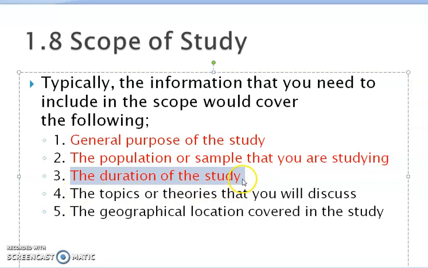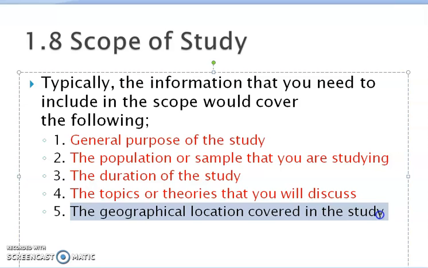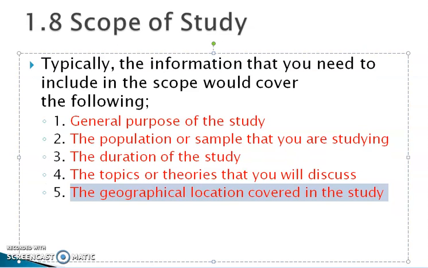For example, if you use time series data, maybe you will cover the period during the crisis and before the crisis. The topic or theory that you discuss may be different, and also the geographical location covered in the study. These five types of scope will make your study unique.